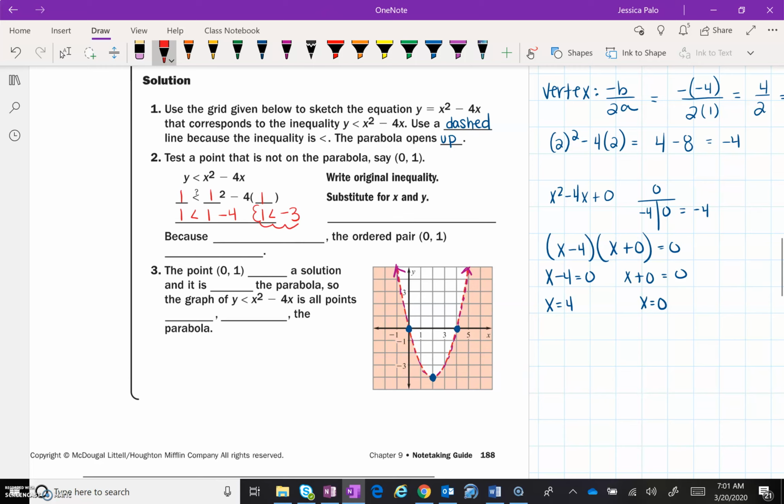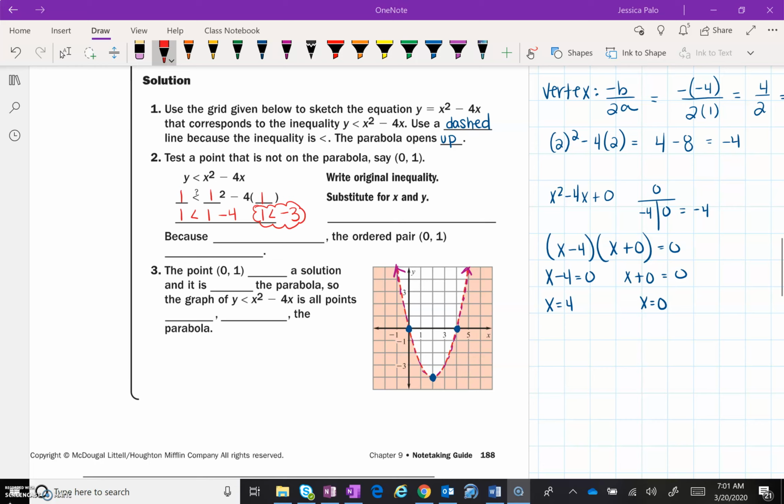So 1 is not less than negative 3. 1 is greater than negative 3.